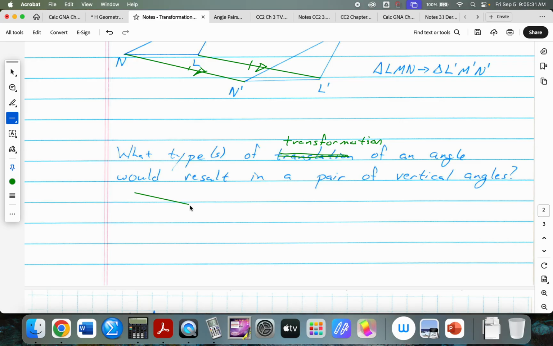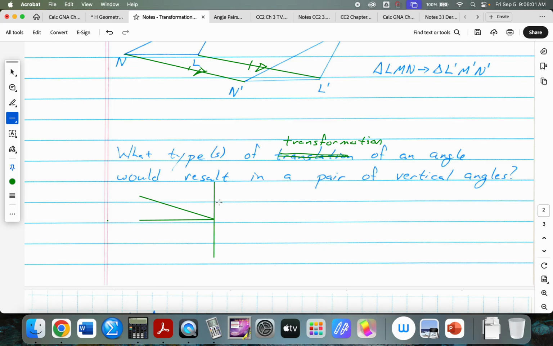If that's my angle, and then my line of reflection was like this, is that going to end up with vertical angles?